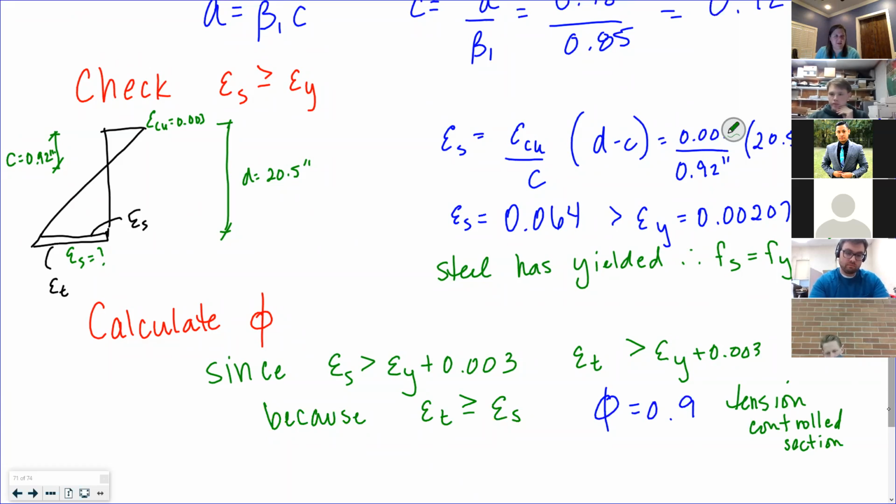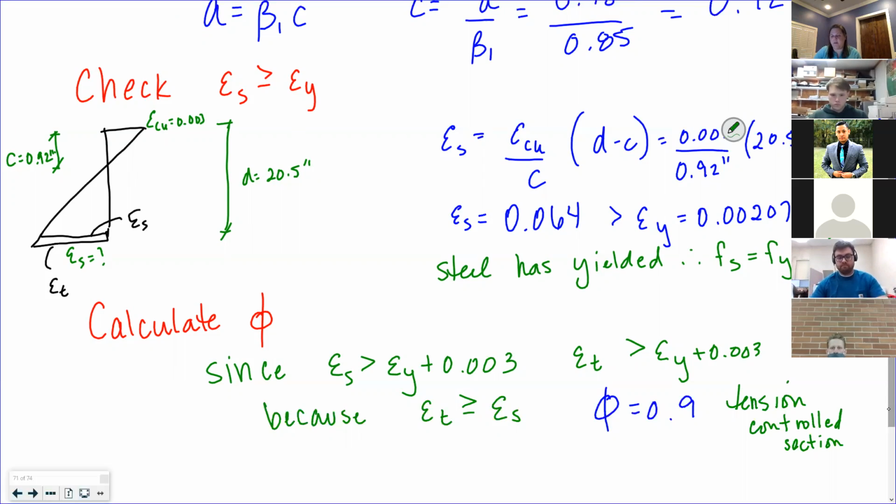Everybody understand how I just did that? The fact that I'm so far above 0.005 at the centroid, I can only increase going further down to the extreme tensile steel. So I don't even have to calculate it.